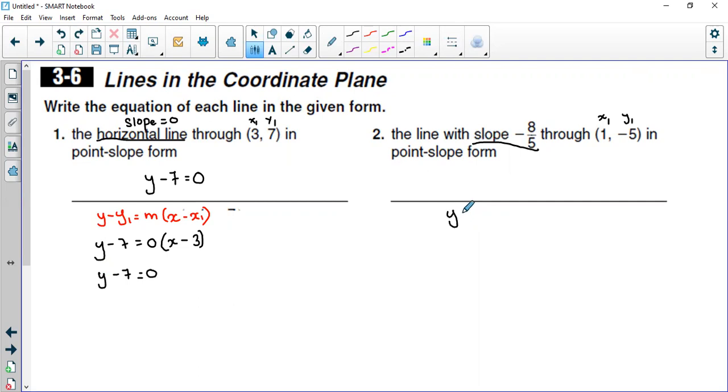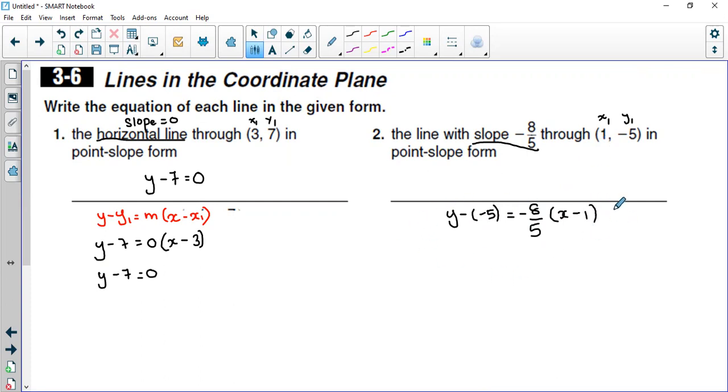y minus y1, which is negative 5. So we put that negative 5 inside parentheses so that we will not get confused, because this negative is from the equation and this negative is from the number, equals negative 8 over 5, that is the slope m, then x minus x1, which is 1.